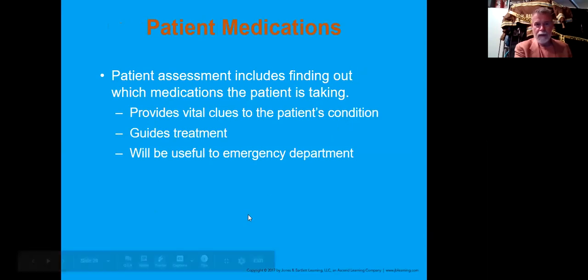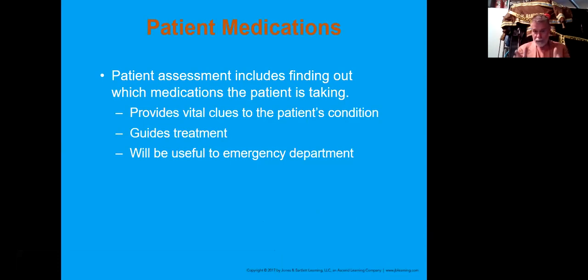Patient medications, the assessment includes finding out medications. Well, yeah, we need to know what medications they're on. I told you a little bit about this, about finding out about a patient's condition. Maybe they're unconscious, unresponsive, and they can't tell you anything, but all you know is here's a list of medications you find in their home. So we're still going to run through our own algorithms for this. Just because I see this person takes a certain medication, does that help me determine what's actually going on with them right now?